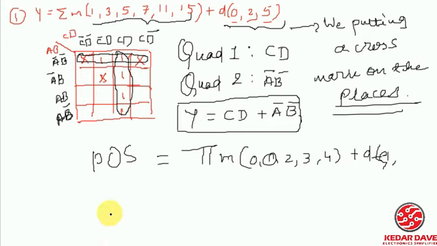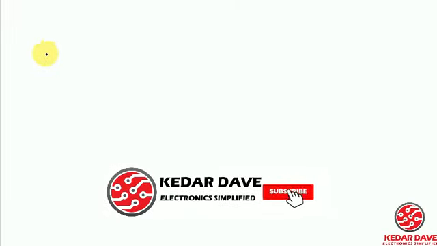After that, if we check one more example, then let's understand how it can be done. We are taking one more example of this particular value.